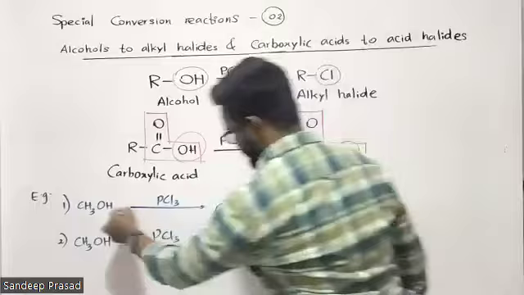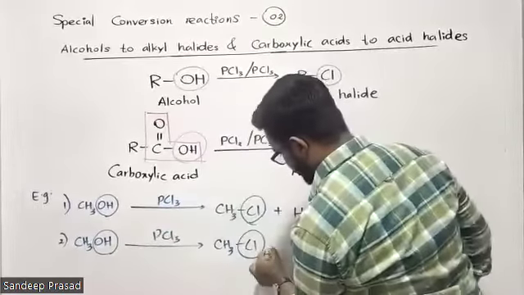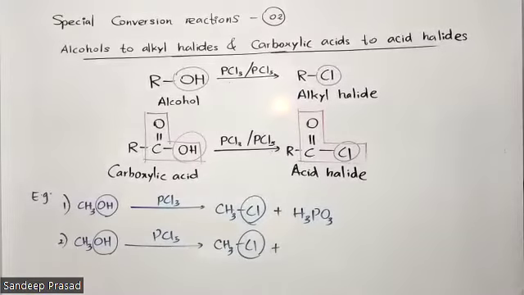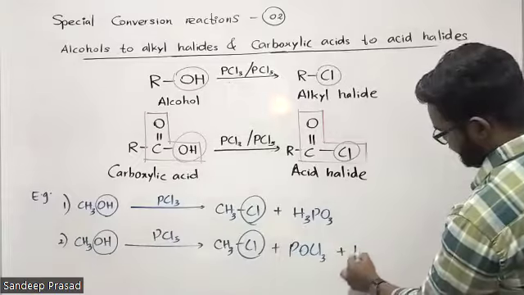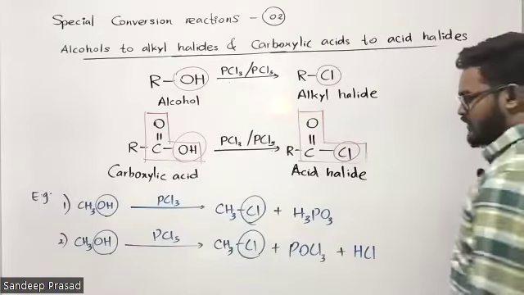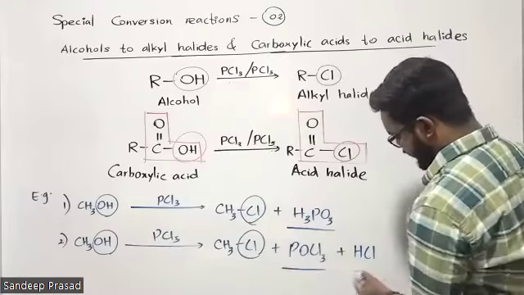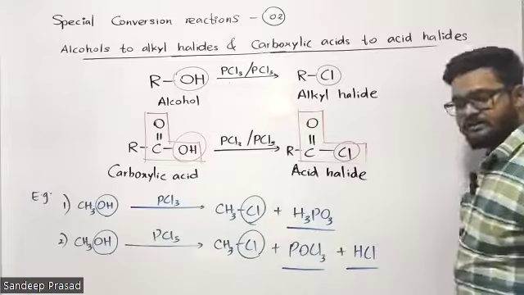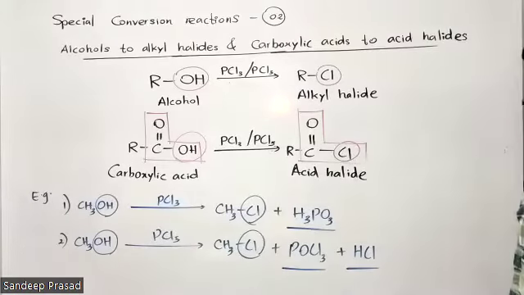You can see that this OH group clearly converted into Cl, right? But what are the byproducts here? The byproducts they have given are POCl3 and HCl when we add PCl5. So for the first two reactions, I'm going to write down the byproducts in this way because you have to know about these things as well. In your resource book they clearly mention those things. So quickly write down. This is very important.